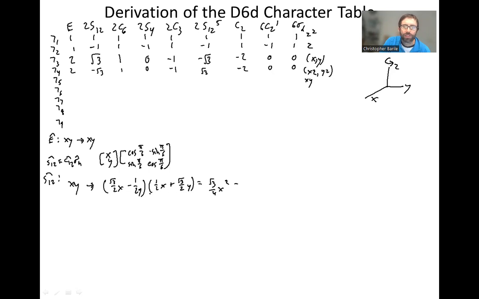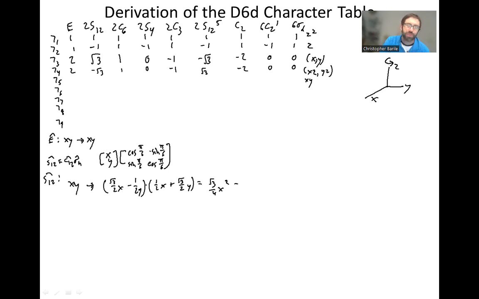I'm just doing this in my head here really fast. We have a minus 1/4 xy term, and if we multiply root 3 over 2 x times root 3 over 2 y, that's going to be 3/4 xy.